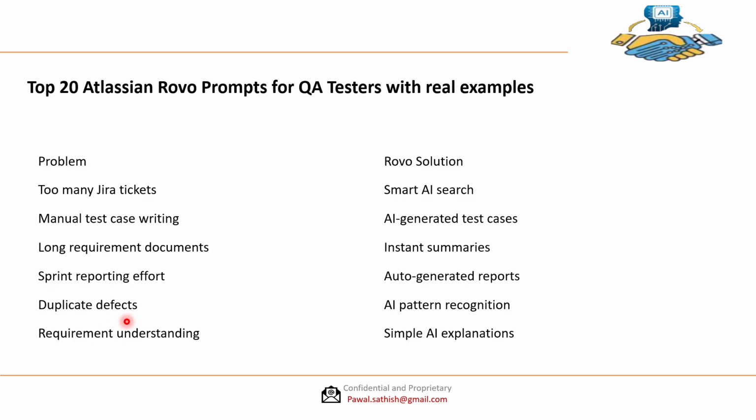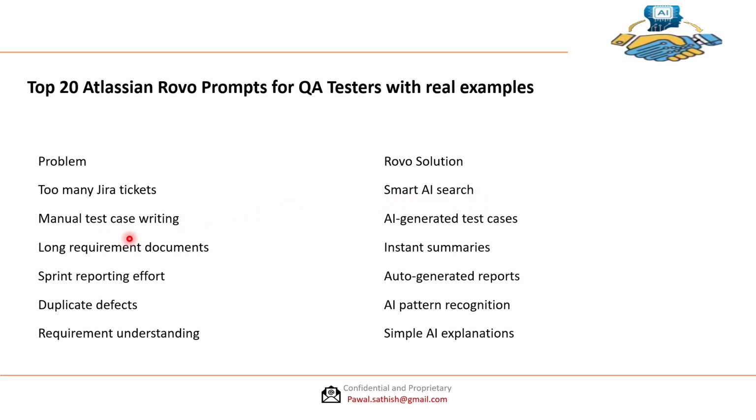Now in summary, the left hand side is the problem and the right hand side arrow gives the solution. In our organization we have too many Jira tickets, and searching different keywords is very difficult, so we use smart AI search using Rovo.